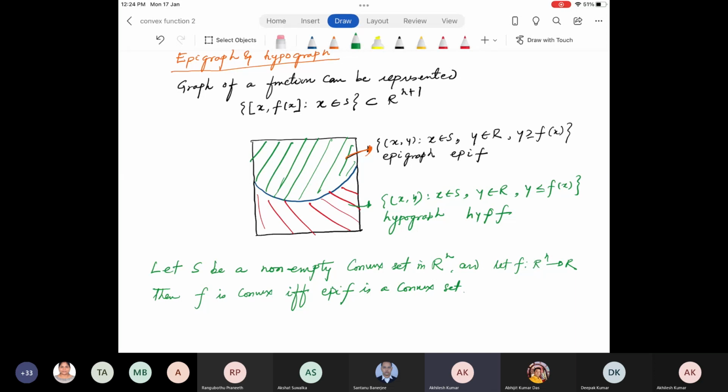Look at this example. Is this function convex or not? Yes, convex. Now, look at the epigraph of this convex function and tell me whether it forms a convex set or not.